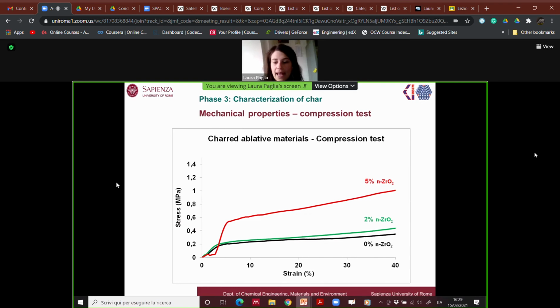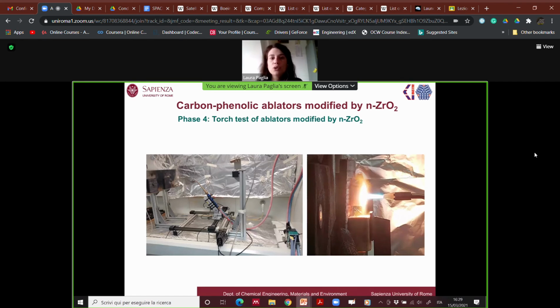Okay, and then at this point, when we understood that we succeeded in manufacturing a quite good carbon ablator with the addition of nanoparticles, we were ready to test these materials with the oxyacetylene flame burner in order to begin to understand the ablative performance of this material.